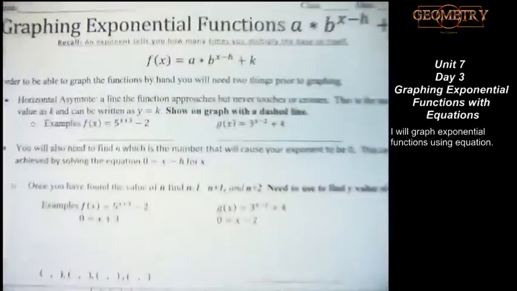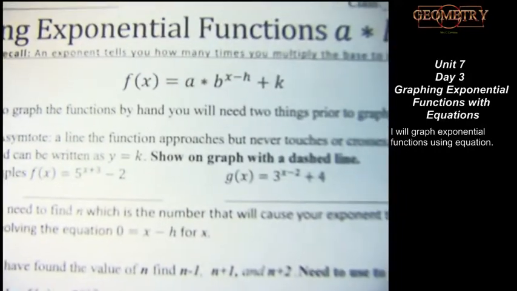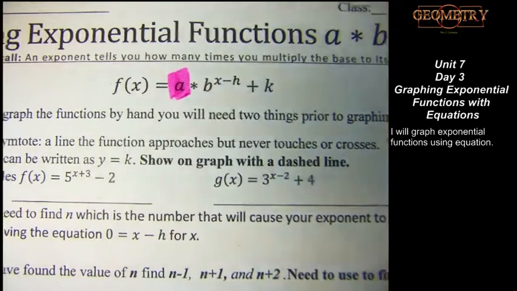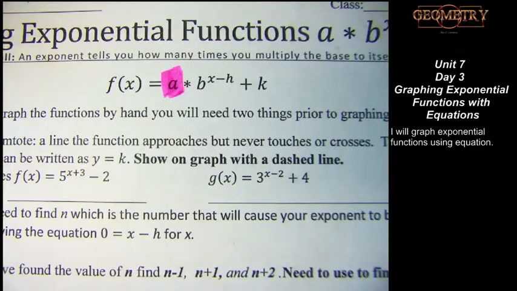Okay? Before we get started on that, though, I want to introduce you to the general form of exponential functions. Doesn't this thing look familiar? From all of the other function types that we've looked at, what did that thing do?